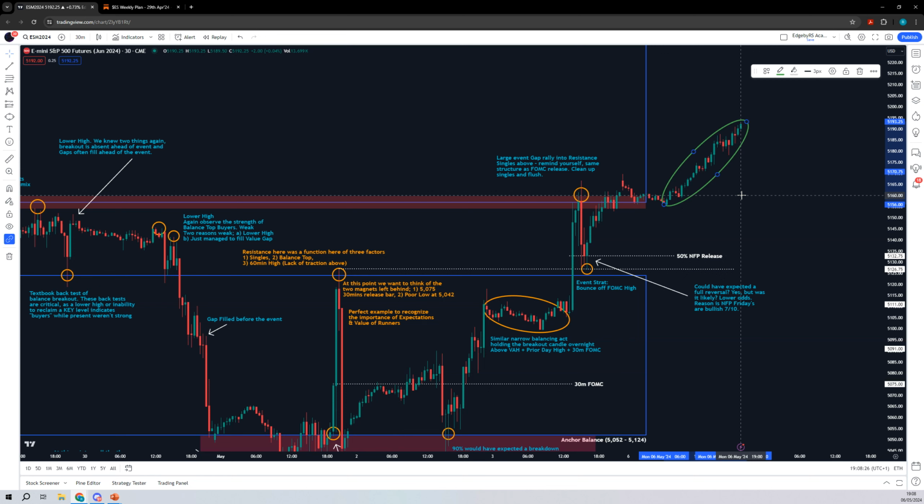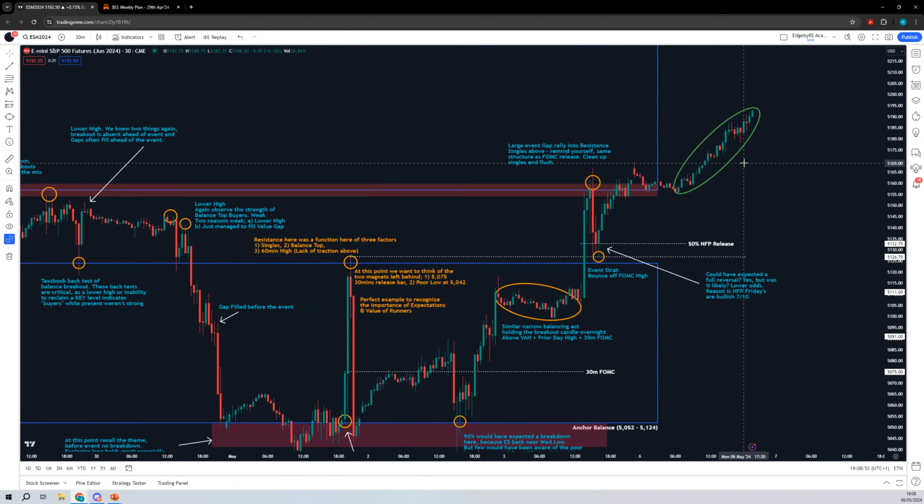So what we know is that this breakout was led by Asia, then London, and RTH continued it, which means we are not yet back. We have not yet found RTH acceptance here, which means the tactical side of things, we've got to pull back first. I'm not talking about any change of structure here. I'm just talking about we need a pullback here, which means a retrace of this rally is pretty much due.